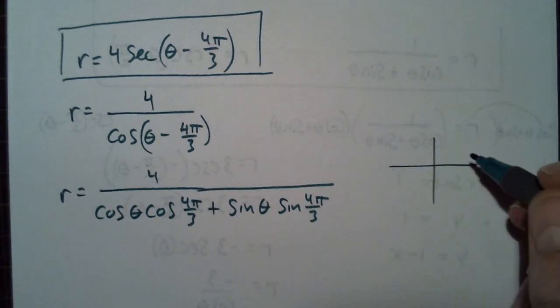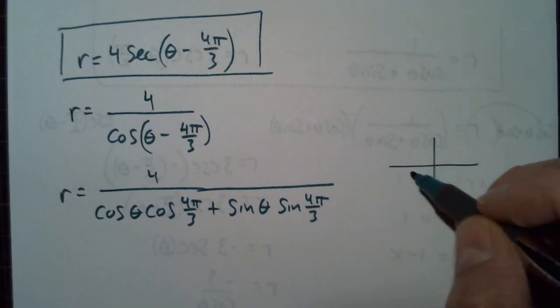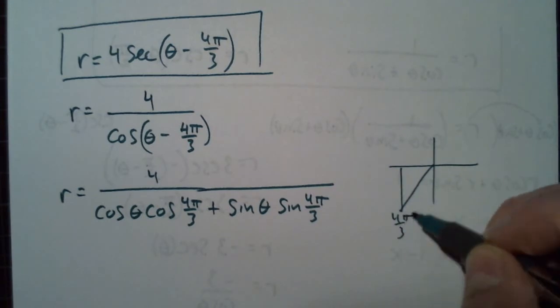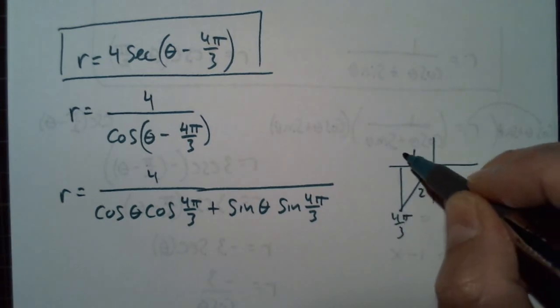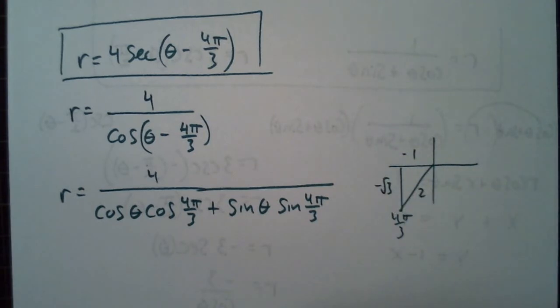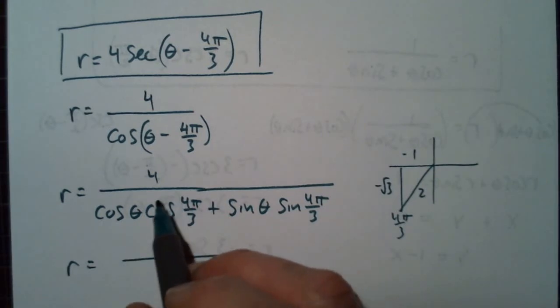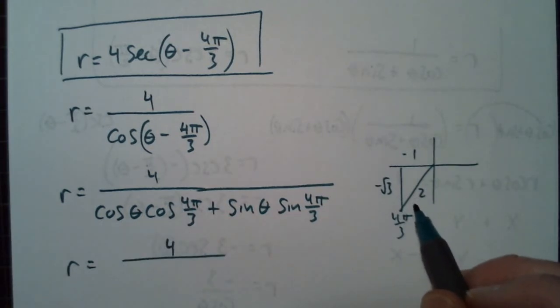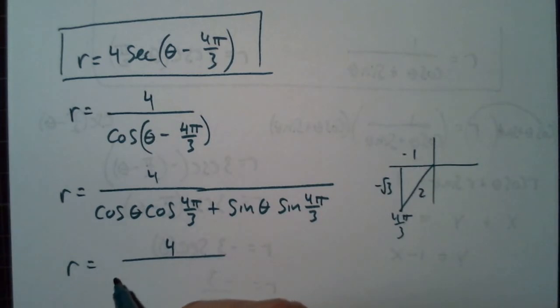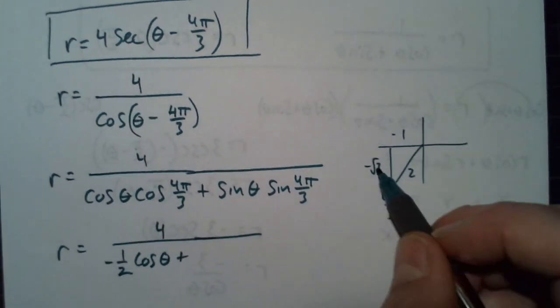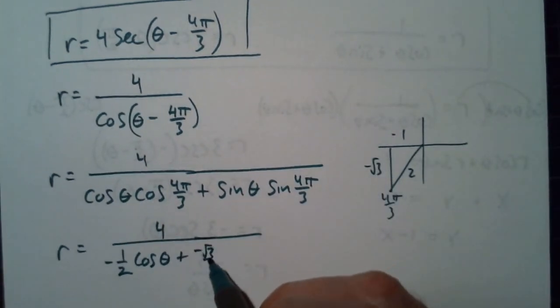We need to evaluate 4 pi over 3, and this is 3 pi over 3, so 4 pi over 3 is there, and that'll give us a 1, 2, radical 3. Cosine of 4 pi over 3 is negative 1 over 2. And sine is negative radical 3 over 2.